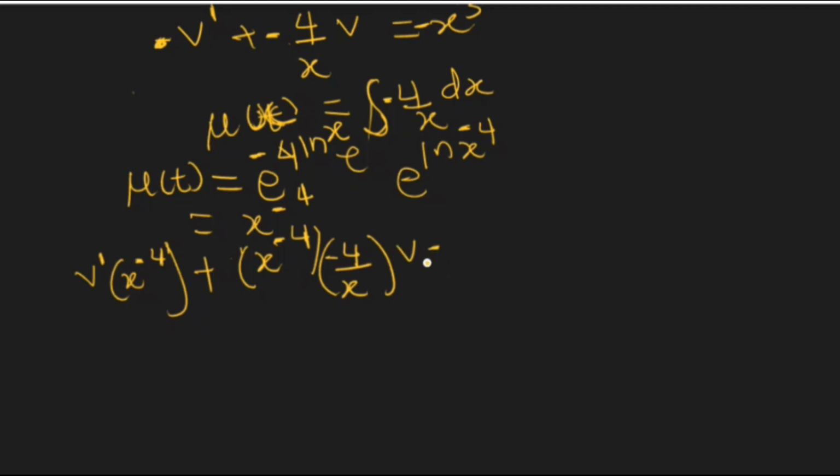Then all this will be equal to, you see here I have -x cubed, right? If you have -x cubed and you multiply it by x to the power -4, what are you getting? So here I'm going to get -x cubed multiplying x to the power -4. 3 plus -4 will be -1. So I get -x to the power -1.